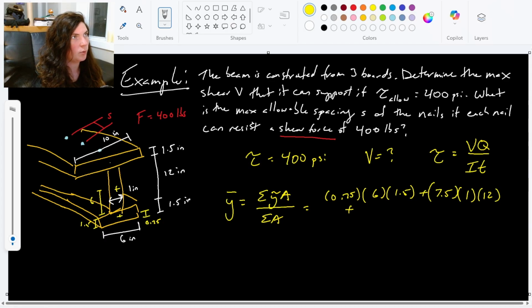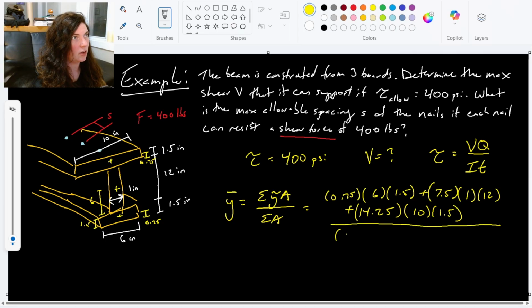Plus our top board has a centroid at 0.75, and then add everything below that. So 0.75 plus 12 plus 1.5 is going to give me 14.25, times the top area. So 10 times 1.5 inches.